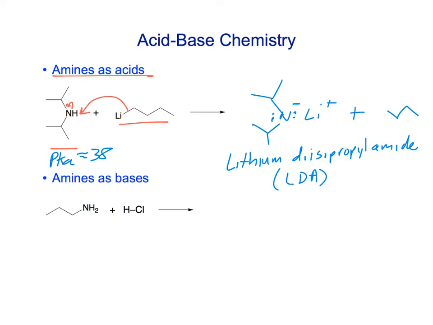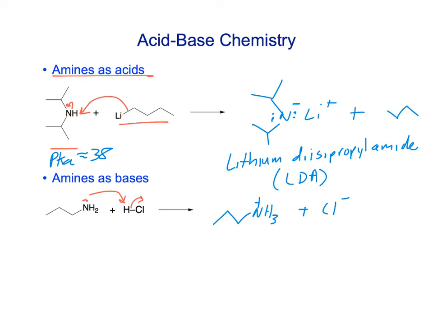Okay, the more common role is to see an amine act as a base instead of an acid, right? And so this could go here, pull off this proton, we get the ammonium ion like this, plus chloride.